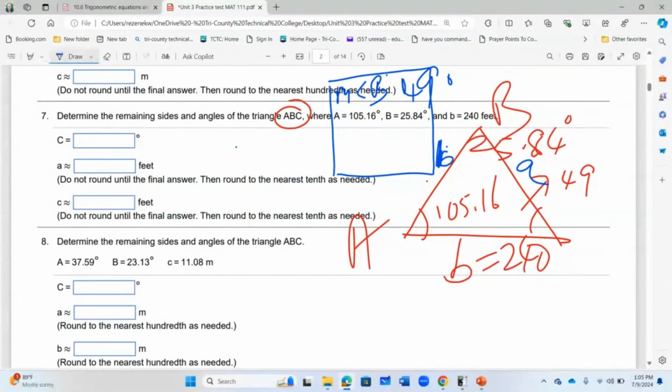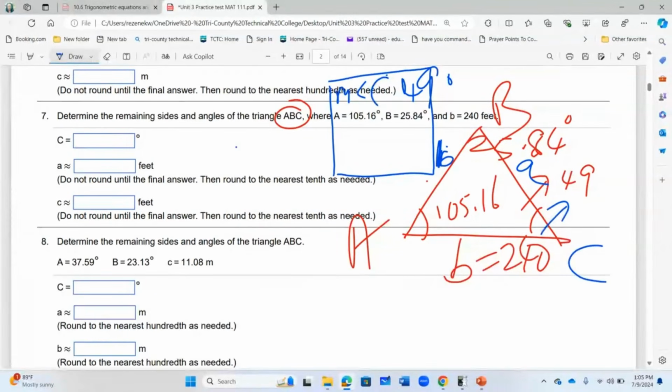I want to make sure I write B where it should be. So this is B, 25.84, and they did not give me C. I found C. The measure of angle C is 49 degrees.